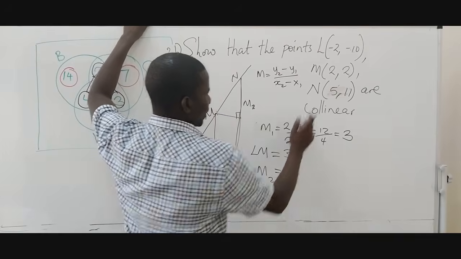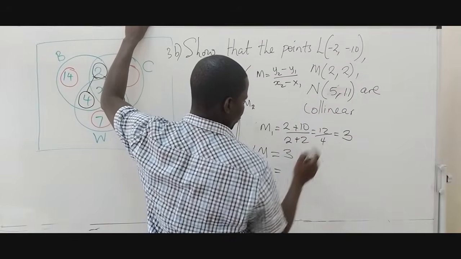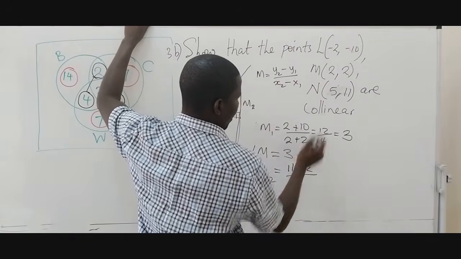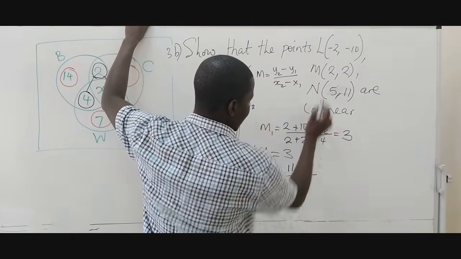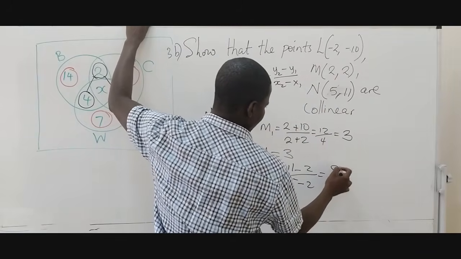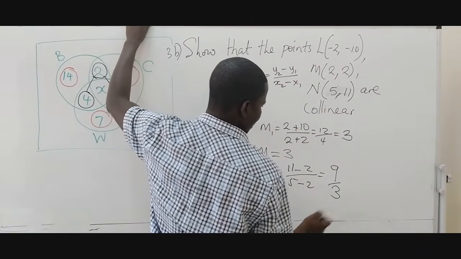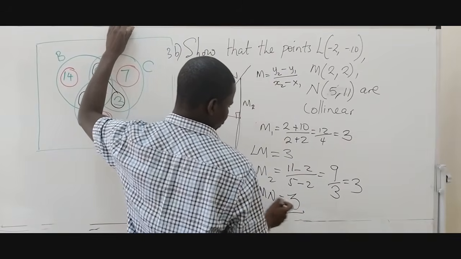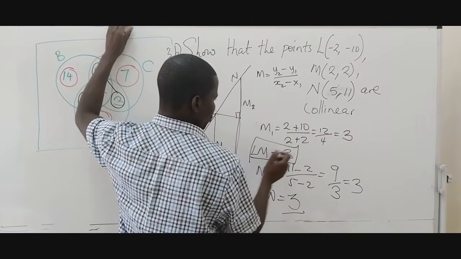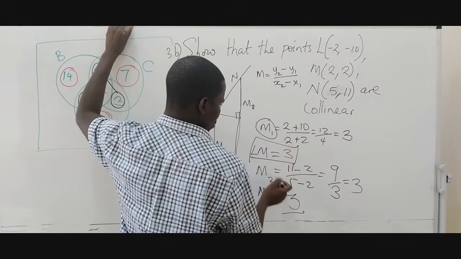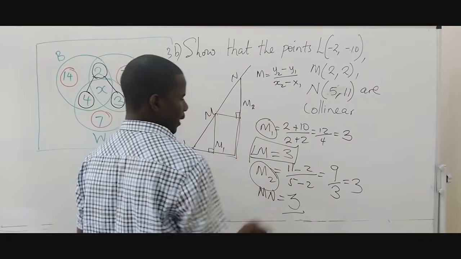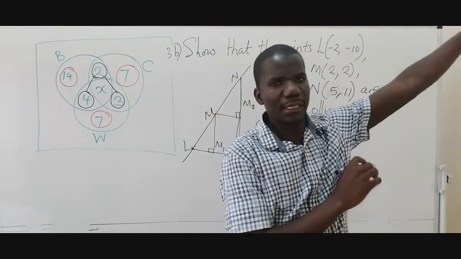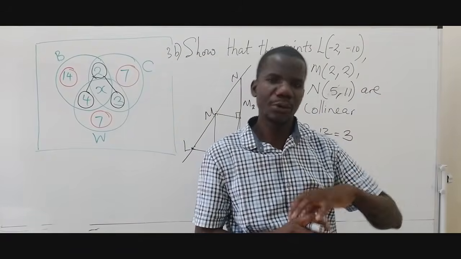So we're using the coordinates of N and M. So here y2 is equal to what? 11 minus y1, which is 2, over x2, which is 5 minus, which is going to give us what? 9 over 3. What do we get? We get 3. So you've seen this gradient which we got here, the first one, is equal to this one. Hence we can conclude that the 3 points are lying on the same line.